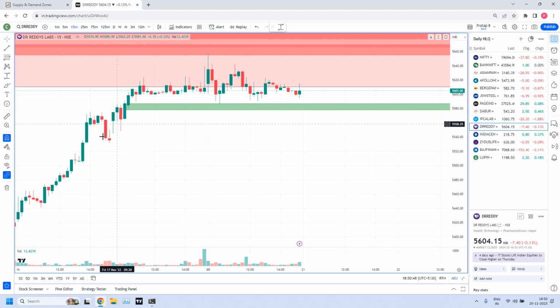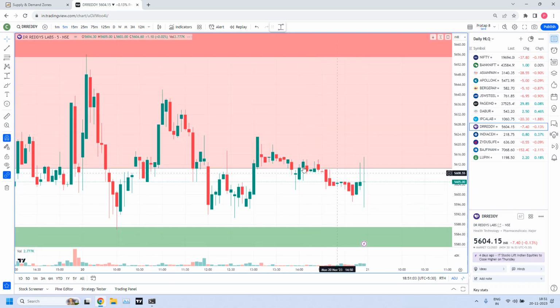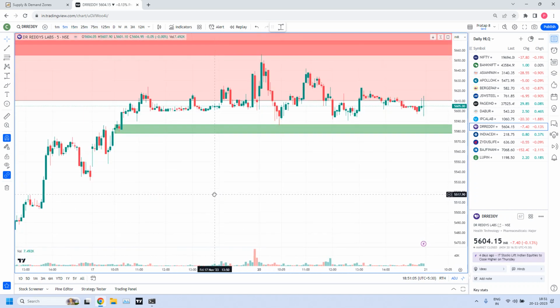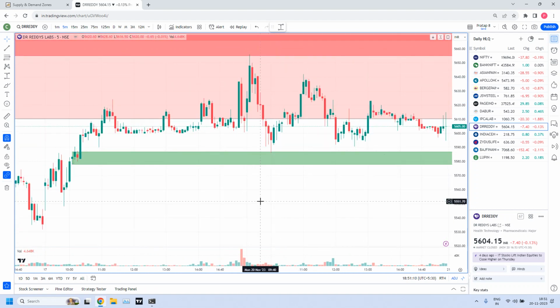It's very far away. You have to make sure your target is around the 6 to 7% level during the intraday for high liquidity zones. Actually, this is a perfect trade from the high liquidity point of view.